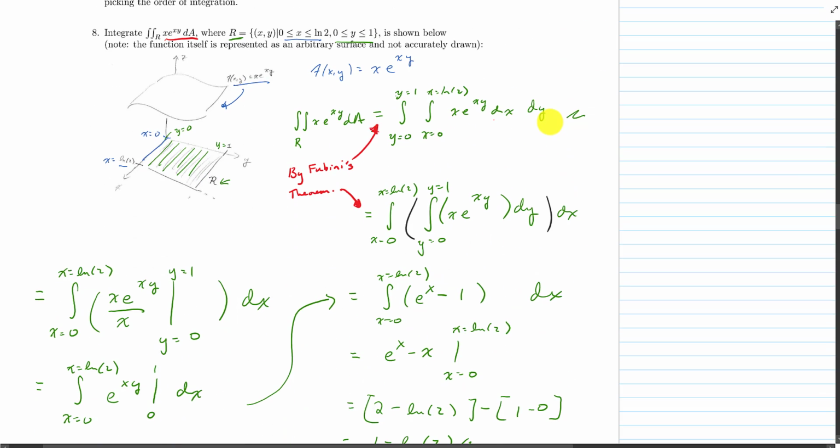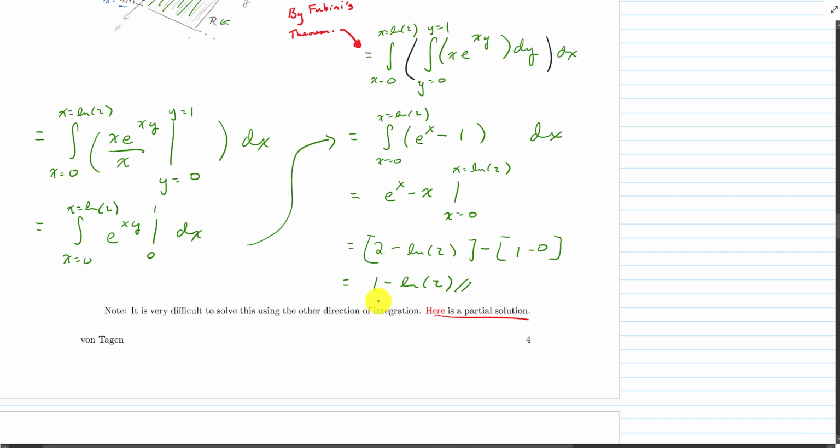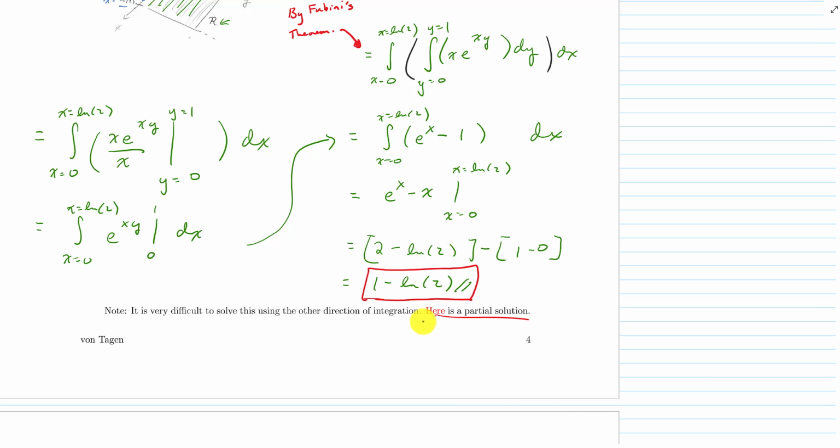And so this turns out to be a much easier way to integrate the problem, and we went ahead and did so, arriving at this solution. Again, if you're curious, take a look at the partial solution that I gave with the help of Mathematica to evaluate it the other way. And notice we did arrive finally at the same answer.